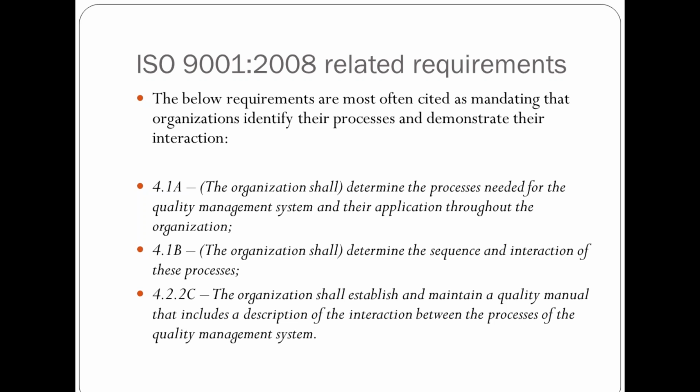In 4.1b, it states the organization shall determine the sequence and interaction of these processes. And in 4.2.2c, it states that the organization shall establish and maintain a quality manual that includes a description of the interaction between the processes of the quality management system.